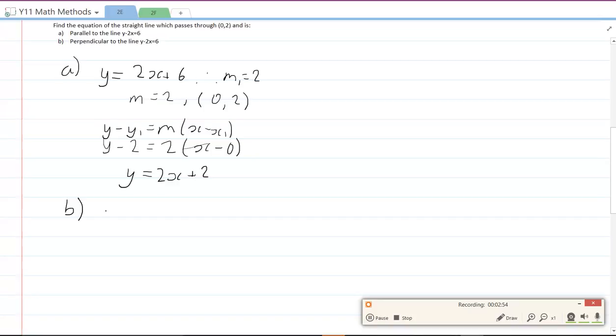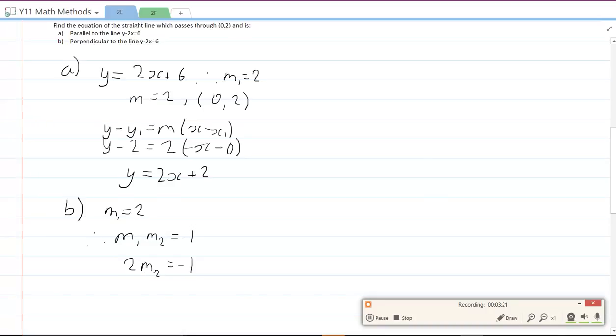For the second one, we've still got the point, so we need to find the gradient here. Once again, we know the line is perpendicular to the line with a gradient of m equals 2, which you figured out up here. So we know that m1 times m2 has to be equal to -1 because the lines are perpendicular. The first line's gradient is 2, and we're trying to find the gradient of the second line, m2.